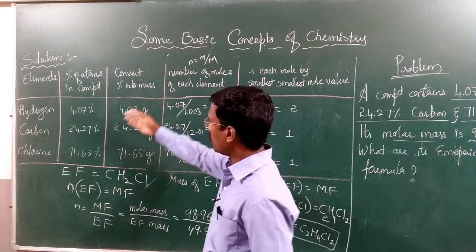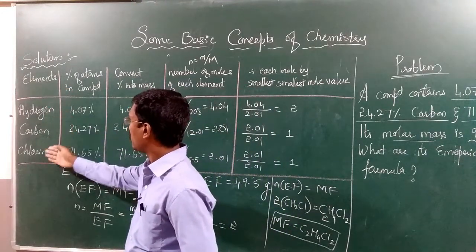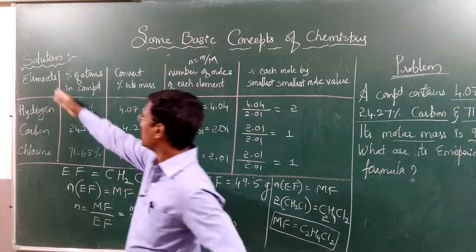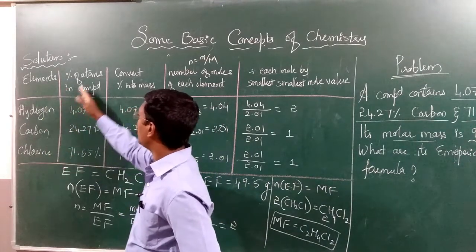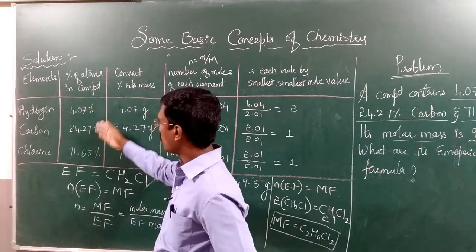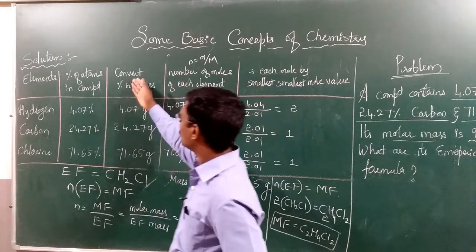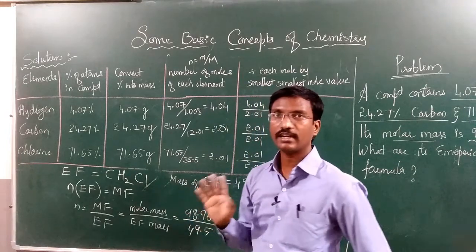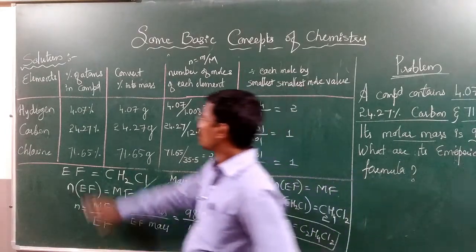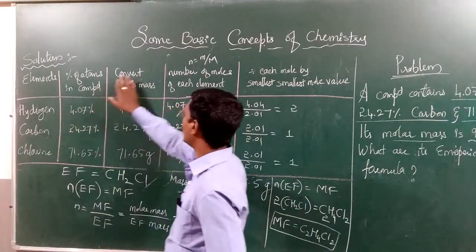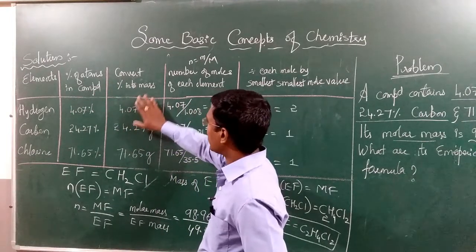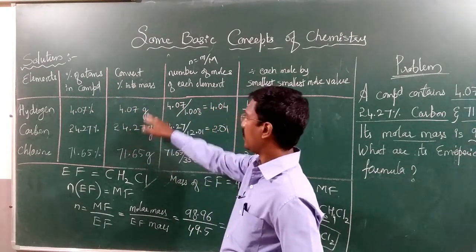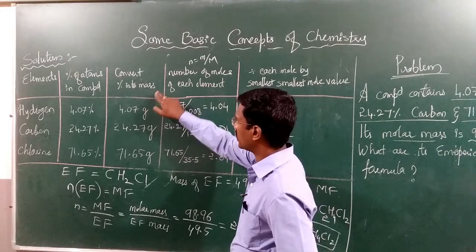The given elements, whichever they have given, just write as it is. If they have given percentage, you put this column and convert the percentage into grams. If they have given grams, you just eliminate this column and directly write the mass of the given elements.